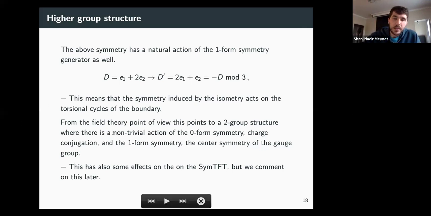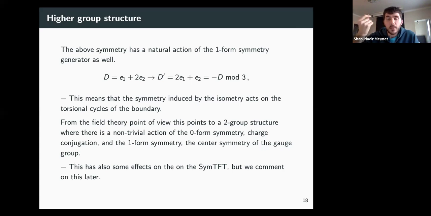This is again a hint of something interesting going on also at the level of the SymTFT. If I hadn't considered this isometry, I would write down a SymTFT capturing, for example, only the torsional cycle, but I would have missed this specific action, this extra ingredient.